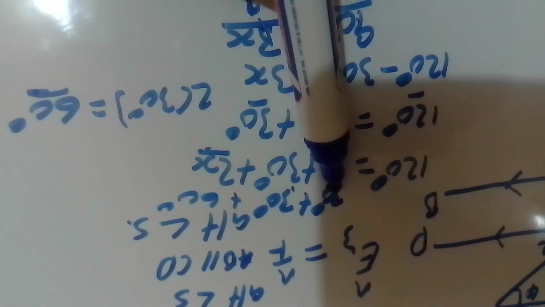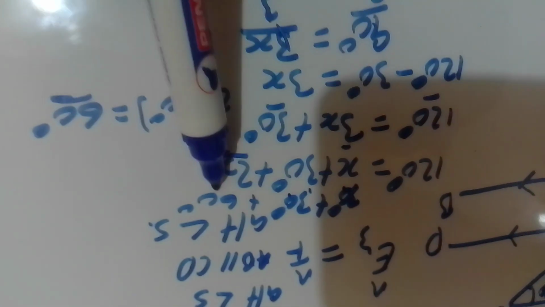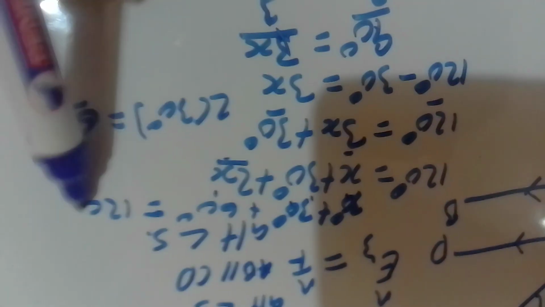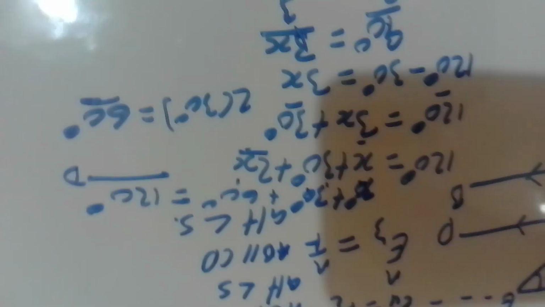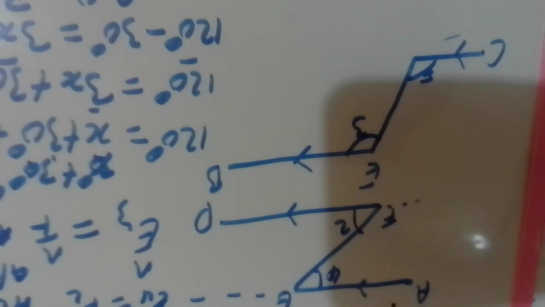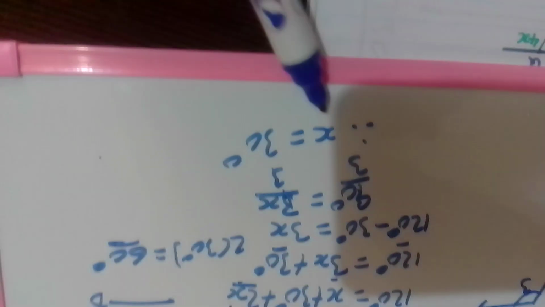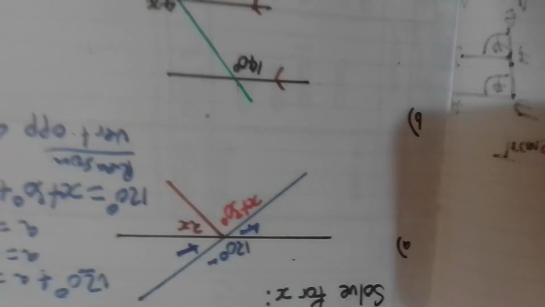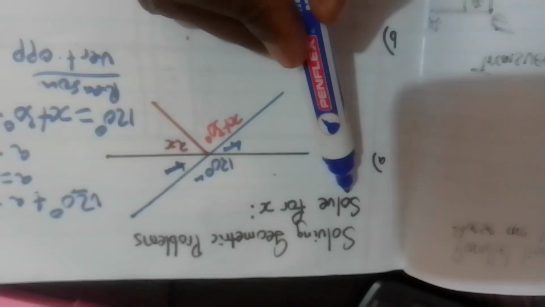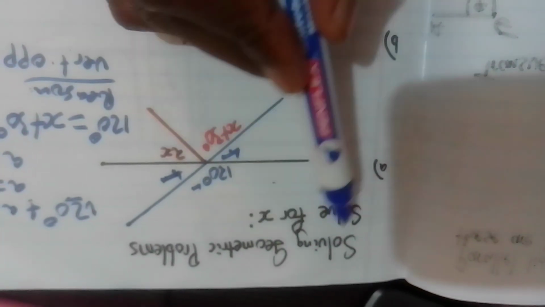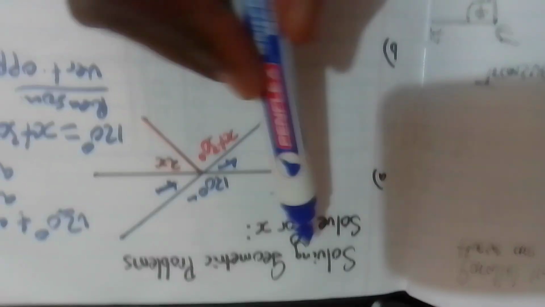And if you go to your calculator, 30 plus 30 is 60, and 60 plus 60 is equal to 120 degrees. So they are equivalent. We have verified, right? So our x is equal to 30 degrees. Found it, nailed it. Then on the next question, remember, the demand of a question is that you must solve for x.